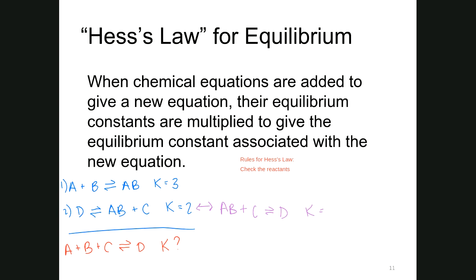So remember, a few slides back, we said if we are reversing a reaction, K is now equal to the inverse. So 1 over the value of K, which is 2. So our new value of K for this reaction is 1/2. And we can now ignore the blue second equation. So that's your first step. Check the reactants. And then the second part is check the products.